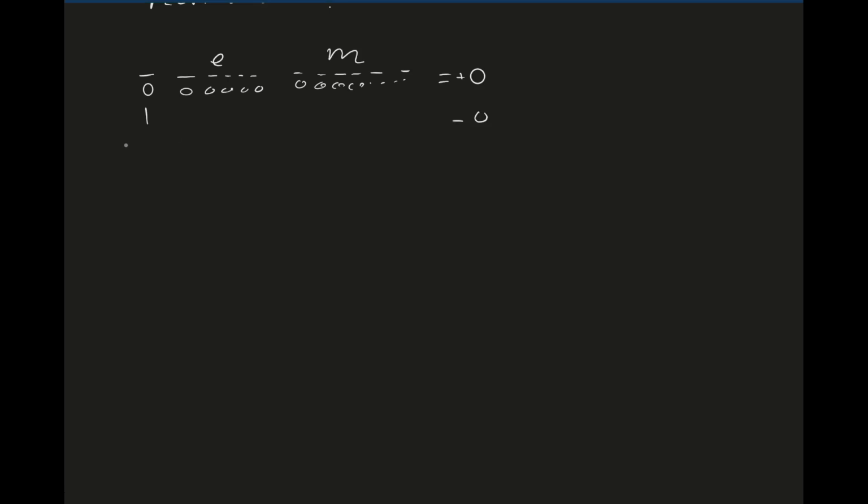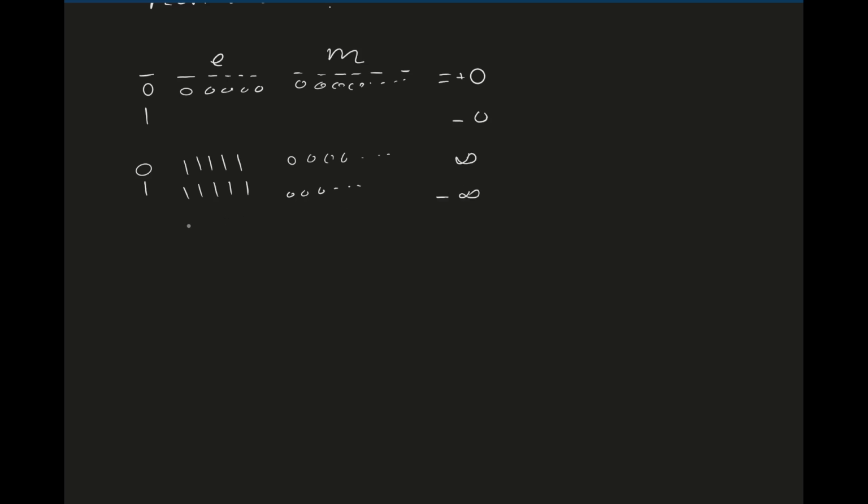Another special case is if you have a 0 or a 1 for the sign, and then the exponent bits are all 1s and the mantissa bits are 0, that represents infinity and negative infinity.